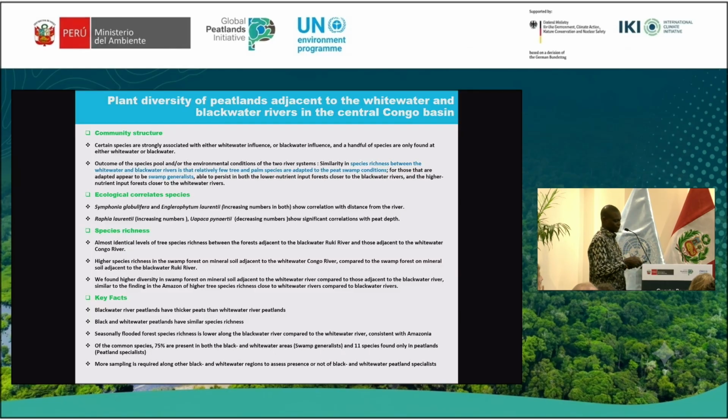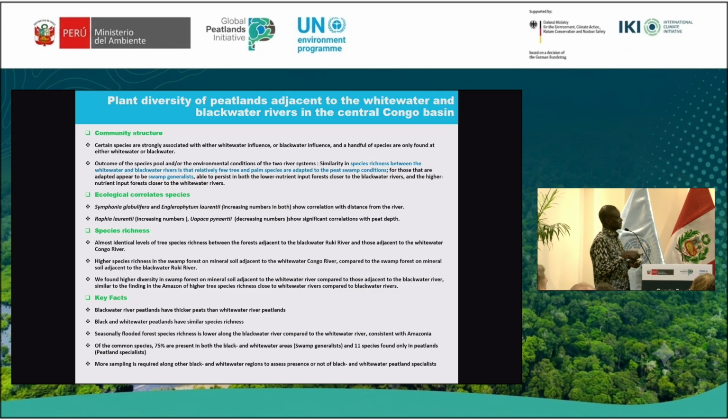It's quite important to see that the Symphonia species is widespread in the peatlands, and it's also a transoceanic species. It's distributed within Africa, mainly in the Congo Basin, going to Australia and also Southeast Asia and to Central America. So it's a species very linked to wetland areas.